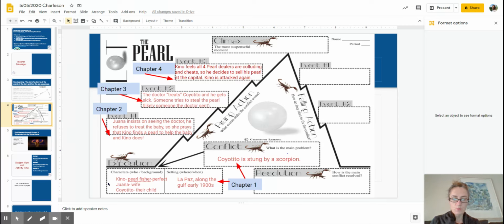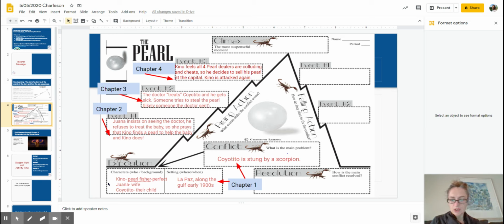We found out about his wife, that she was the stars in his life, and so strong. And we learned about their son Coyotito, and Coyotito is everything to Juana. The inciting incident is when Coyotito is stung by the scorpion. And that's where the problem begins.